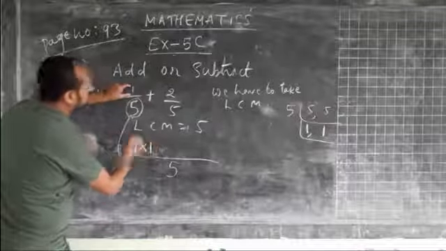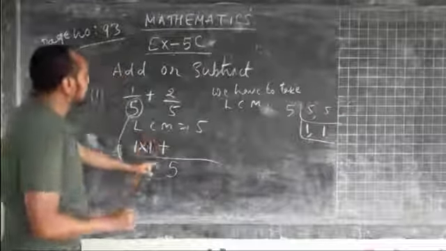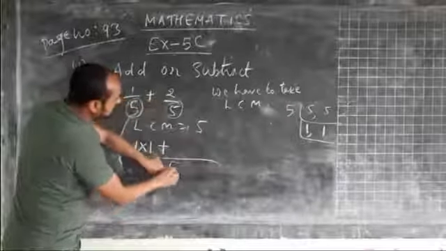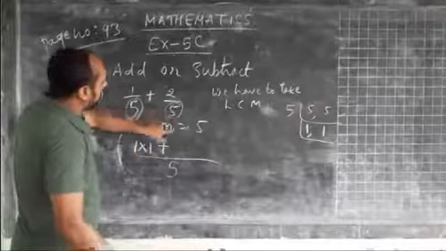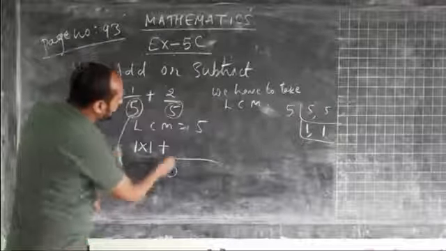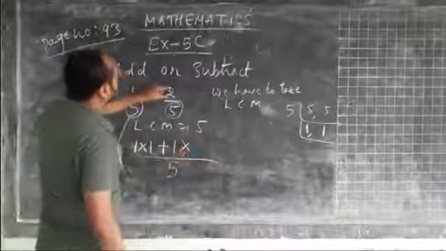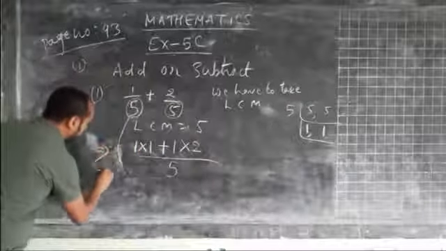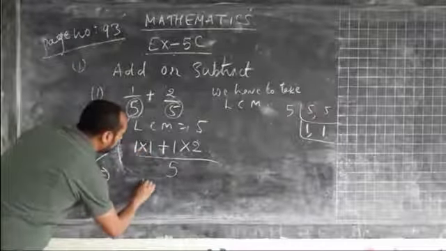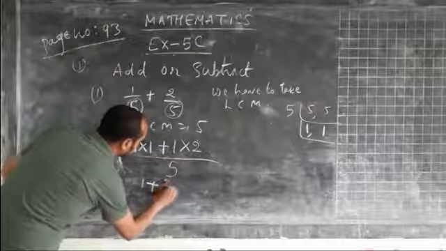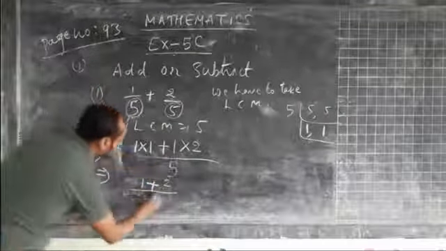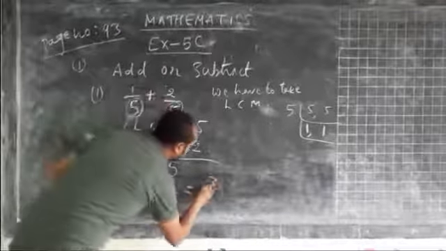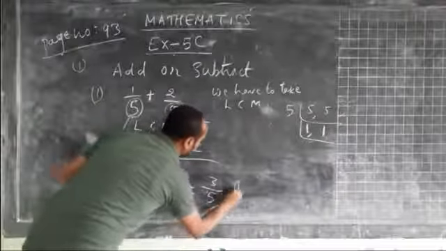So here we have 1 plus, next here again this 5 we divide with this LCM 5, 5 ones are 5 into whatever we have in the numerator, we write here. So next step we have 1 into 1 plus 2 ones are 2 divided by 5. If you add 1 plus 2, 3 by 5. So this is your answer.